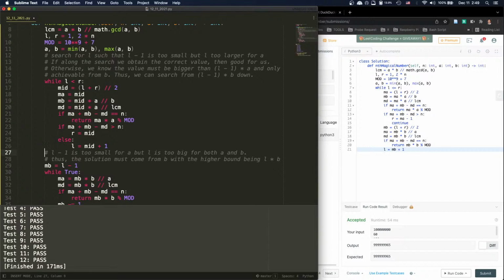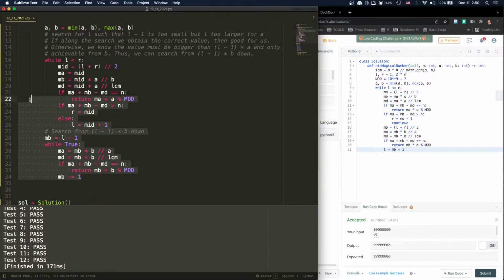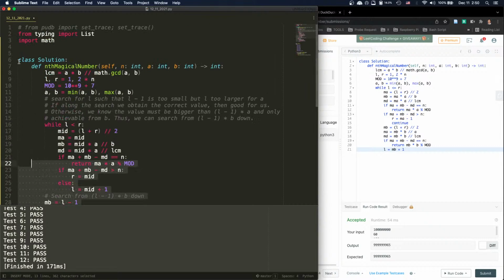So this is search, right, from L minus 1 times B down. Okay. So with this, I'm going to try it again.